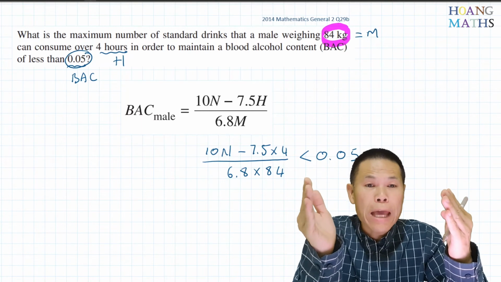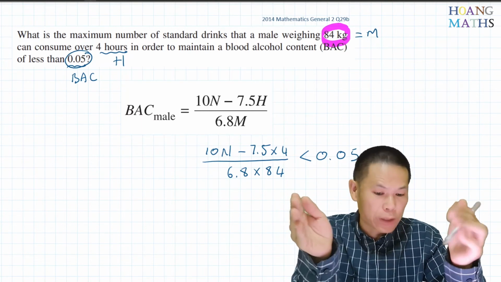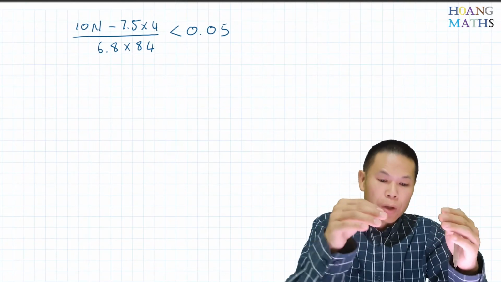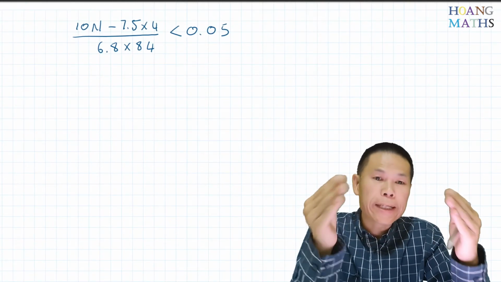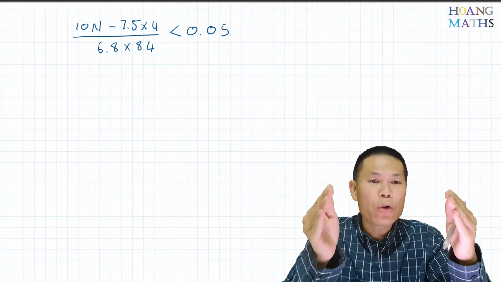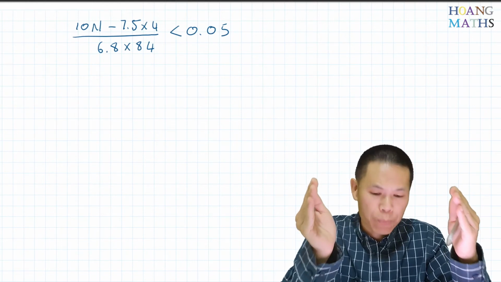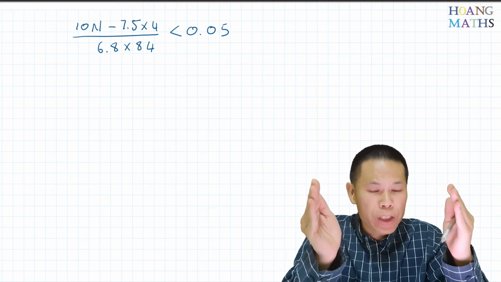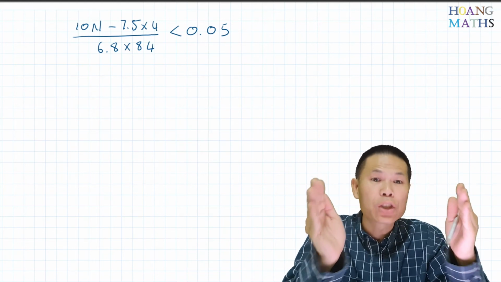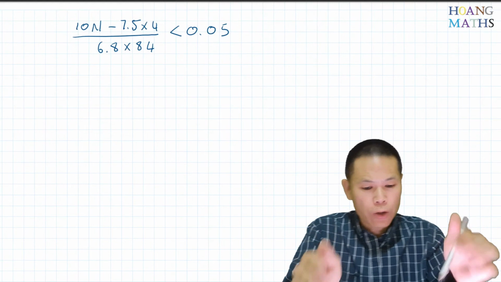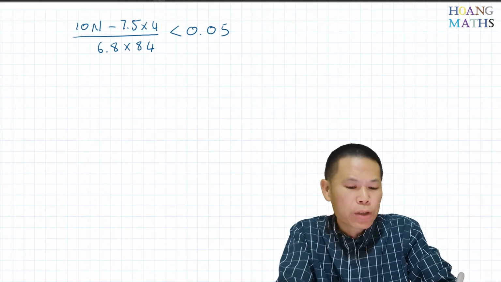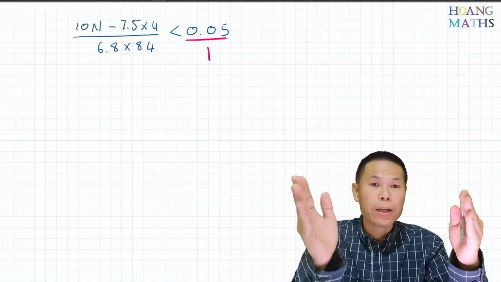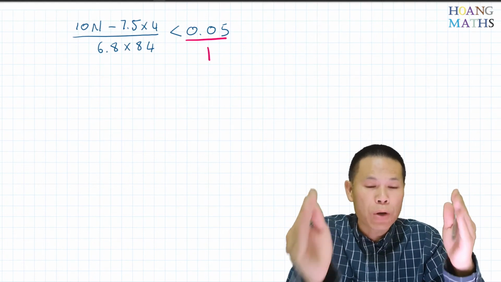So what we need to do now is solve this inequation, okay? So let me move this up a bit. To solve this is exactly the same as the way we solve inequations, except that when we times or divide by a negative number, we switch the less than to greater than. That's the only difference, okay? Now 0.05 is exactly the same as 0.05 over 1, so I just cross multiply.